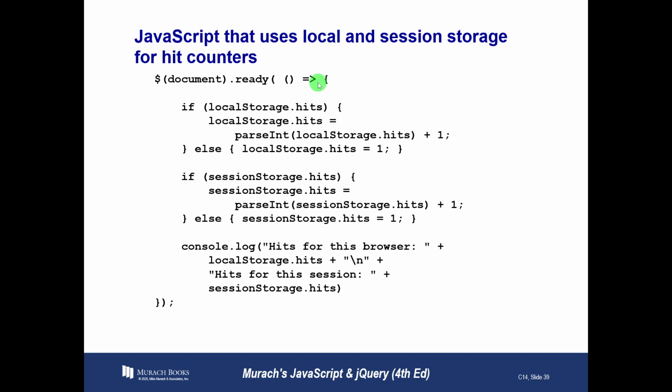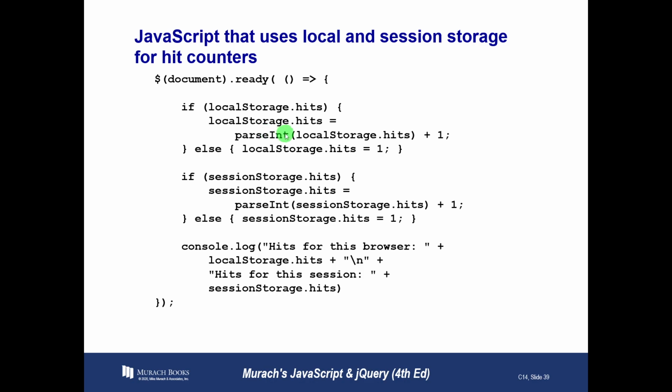Once our document ready runs, we have in our local storage a key called hits. So we're using that in an if. If that hits key exists, meaning we've already got the value there, we've used it before, we're going to set localStorage.hits to this right here, which is: get the current value, localStorage.hits, change it to an integer, that's the parseInt part, add 1 to it, and then store it back in that number.